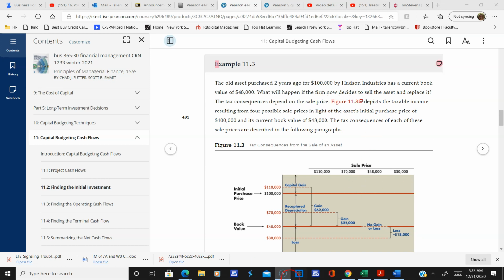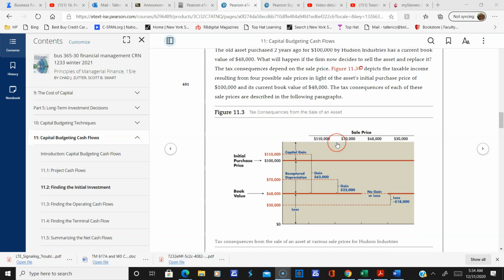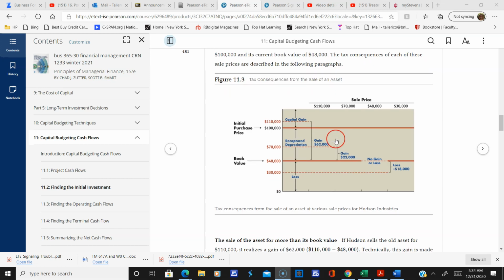This figure depicts the taxable income resulting from four possible sale prices in light of the asset's initial purchase price of 100,000 and its current book value of 48,000. The tax consequences of each of these sale prices are described in the following paragraphs.